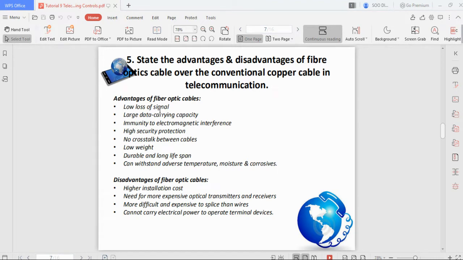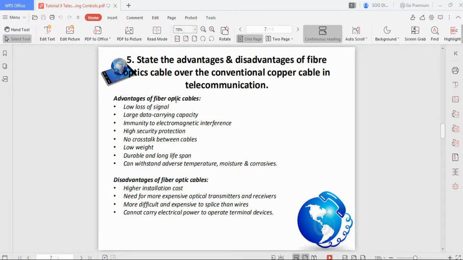So you're able to transfer your data for a very long distance, up to 50 km, without much loss of signal. If you were to do that with copper cable, because you're using electricity, as the electricity travels through the copper wire, then it will lose some power due to the resistance of the copper itself.